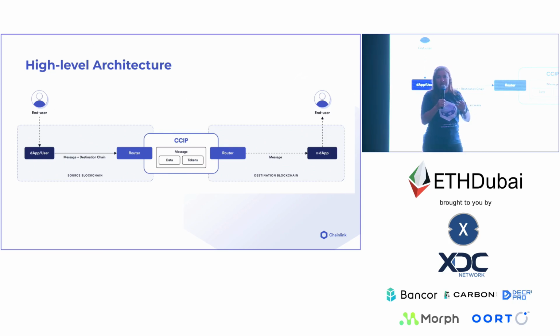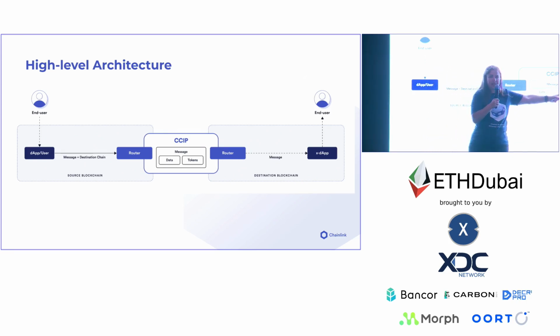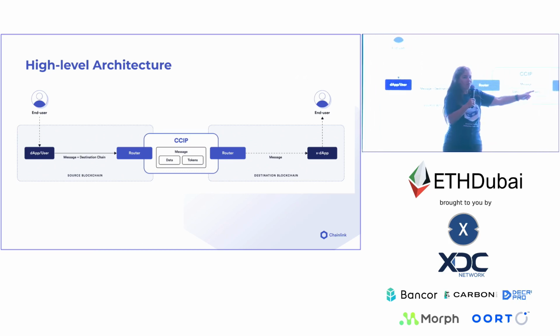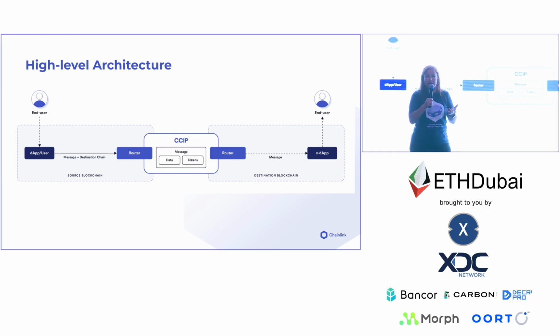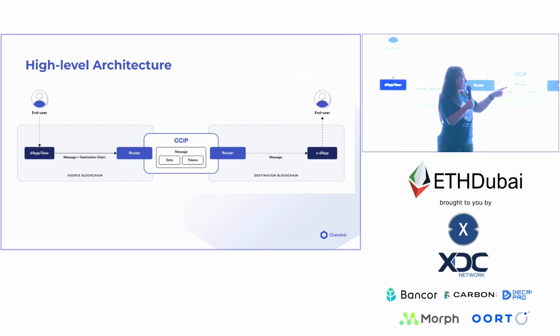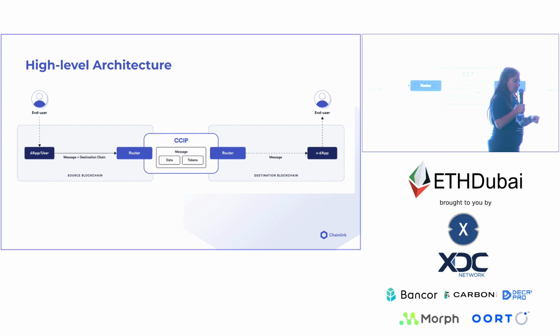So they have segregated roles to do that, to guarantee the security part, that is the most important part. And after they do all of this security work, we have the router on the other side. The routers are smart contracts that deliver the message on the other side. If it's a token, the message can go directly to your wallet, but if it's another kind of message, it must go to another smart contract on the destination blockchain.